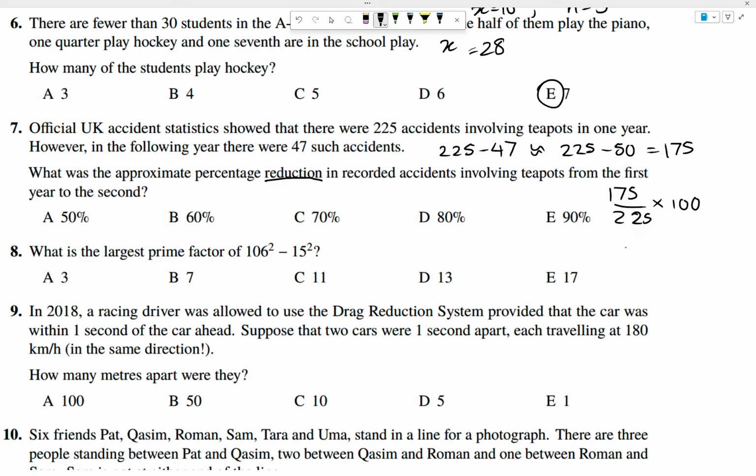We could calculate it, but I think it should be around 80%, because if it was 90%, then 10% of 225 is 22.5. So that would mean that the numerator would be around 200. So I'm going to go with 80%.